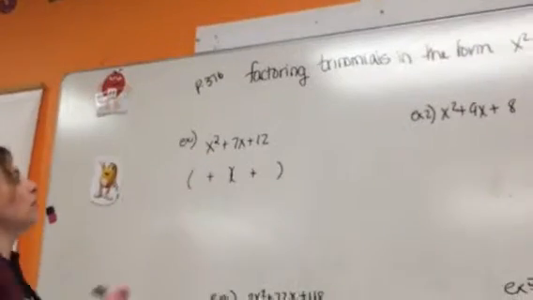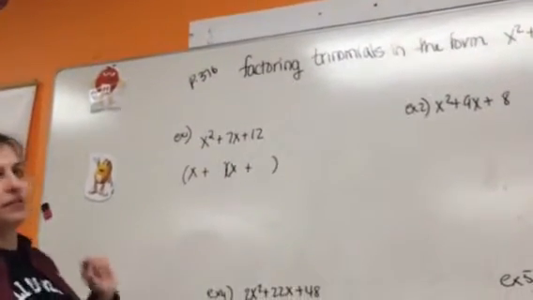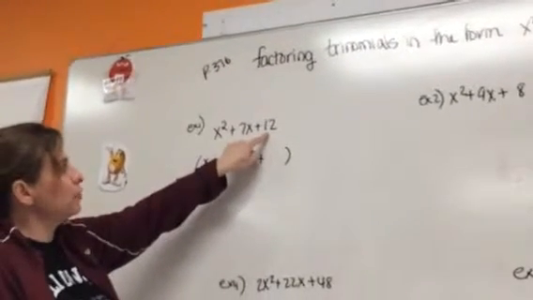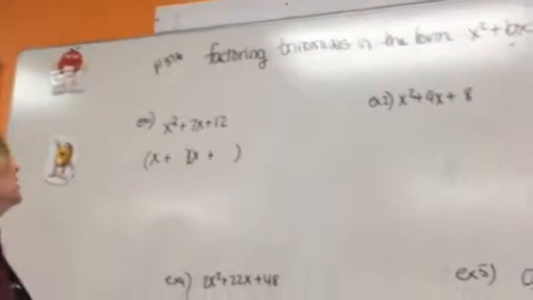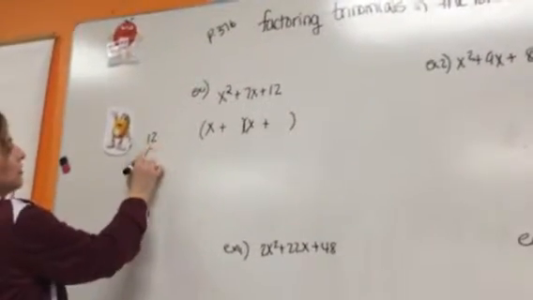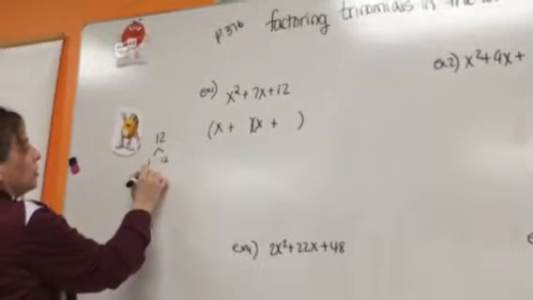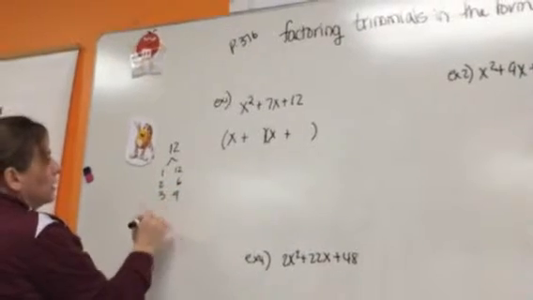X squared. We know that x squared is going to have an x and an x there. Now, here's the fun part. I've got a 12 here, and I've got a 7 here. What you have to do is figure out all the ways that you can multiply to get 12. So we've got 1 times 12, 2 times 6, 3 times 4, and that's it.